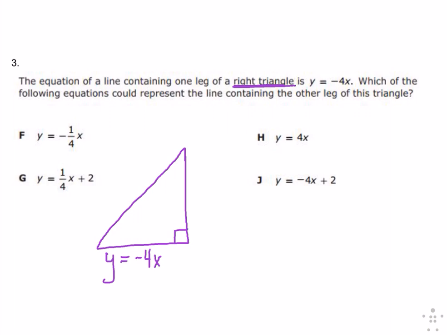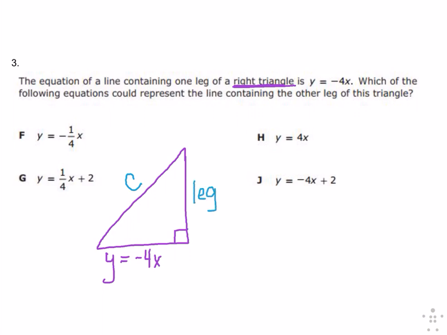Then it says, which of the following equations could represent the line containing the other leg of the triangle? If you remember, the line that's directly across from the 90-degree angle is the hypotenuse. So we're not talking about that side. We're talking about the other side, this leg right here.